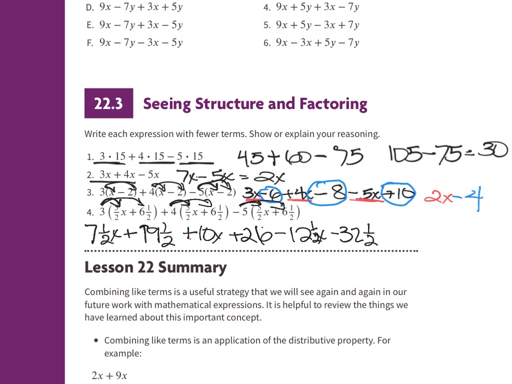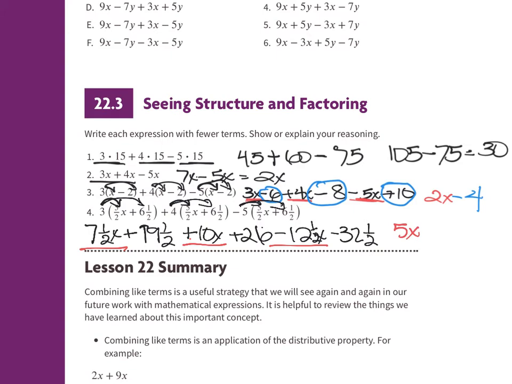All right, so let's combine the x's. So we have 7.5x plus 10x minus 12.5x is 5x.